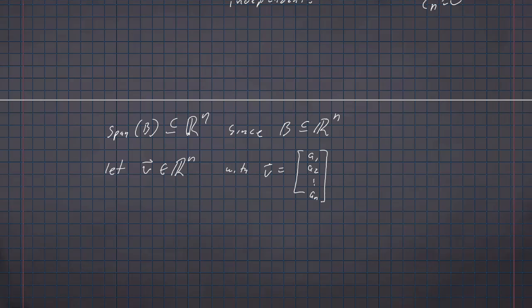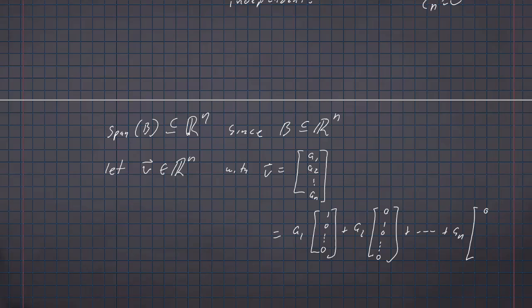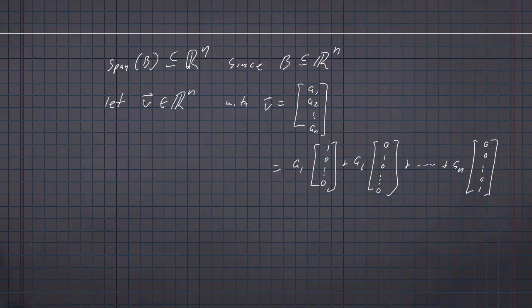We can expand that vector until we get this, which is exactly a linear combination of the elements of B.